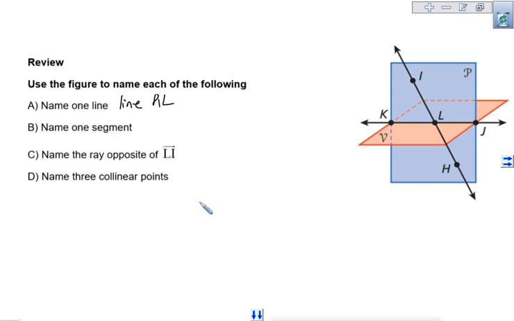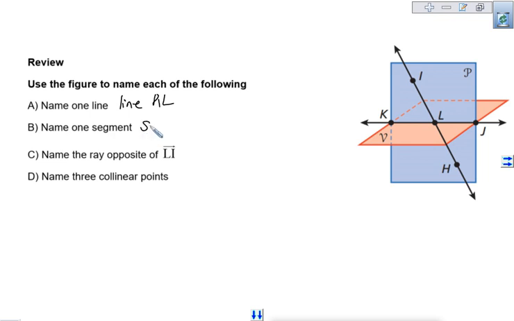Then we are looking to name one segment. For those of you who are saying 3 letters, again, segments are named with 2 points. So again, we could have KL. What needs to be in front?